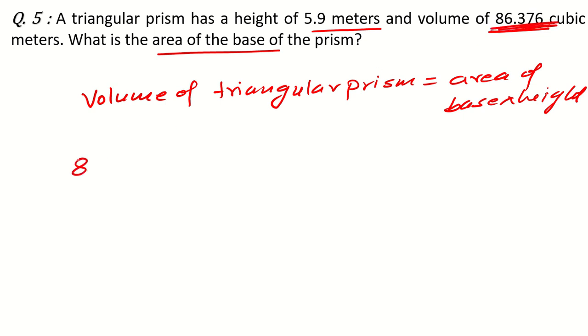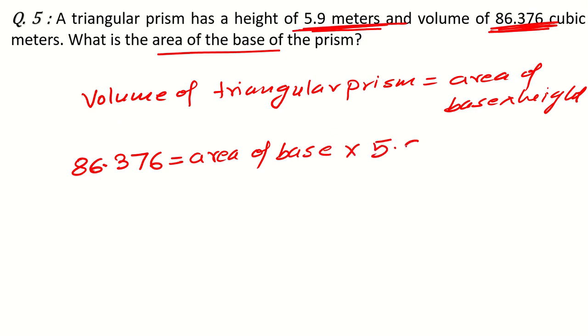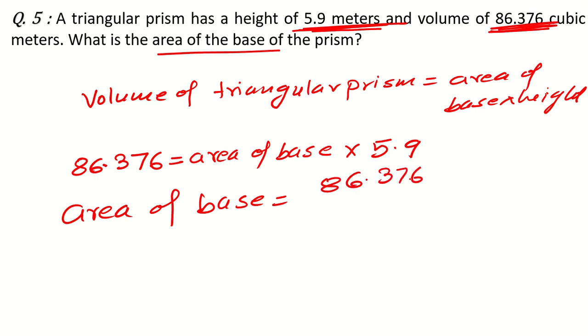So 86.376 is equal to area of the base. We have to find because it is missing. Area of the base times height of the prism is 5.9. Okay, so area of the base is equal to 86.376 divided by 5.9.